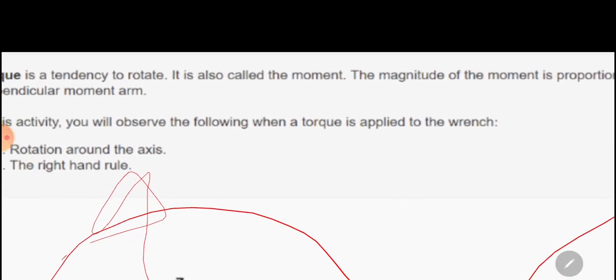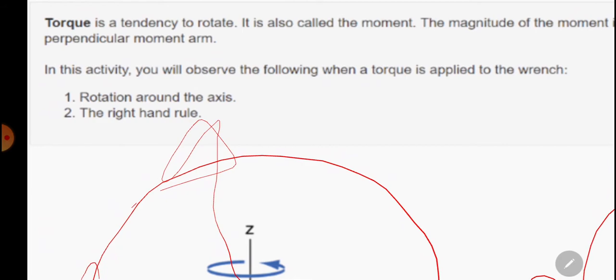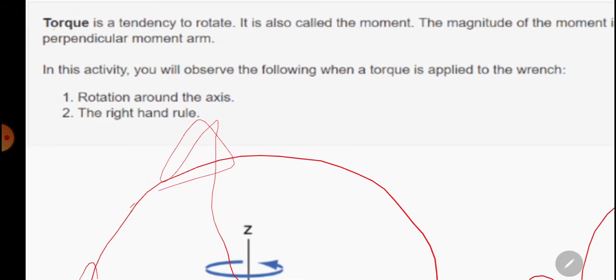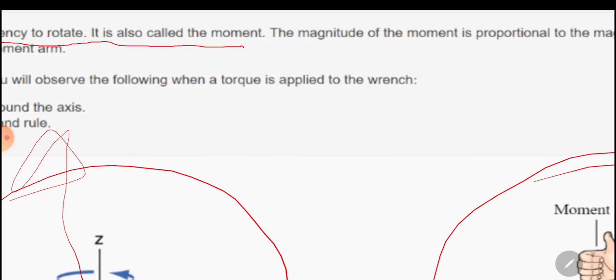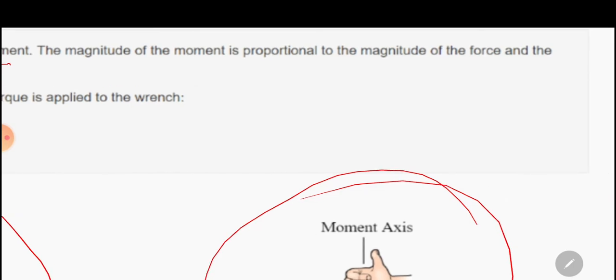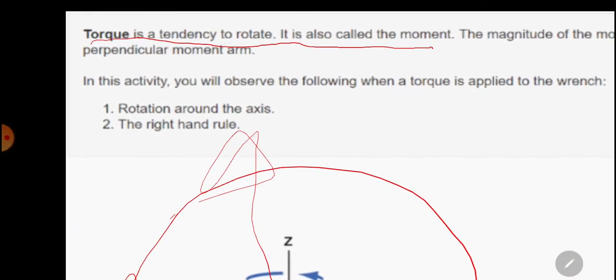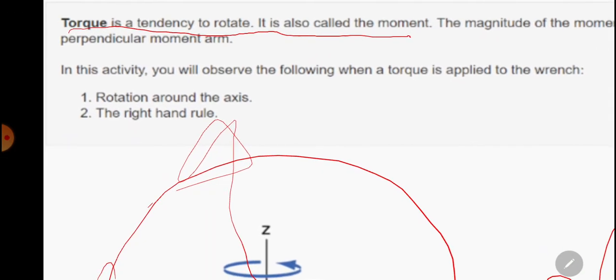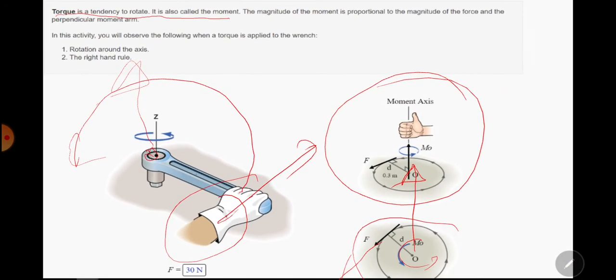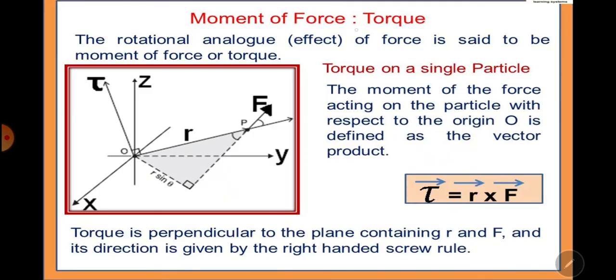Now here torque is a tendency to rotate. It is also called the moment. The magnitude of moment is proportional to the magnitude of the force and the perpendicular moment arm. Now we will explain further. Moment of force, torque. The rotational analog of force is said to be torque.